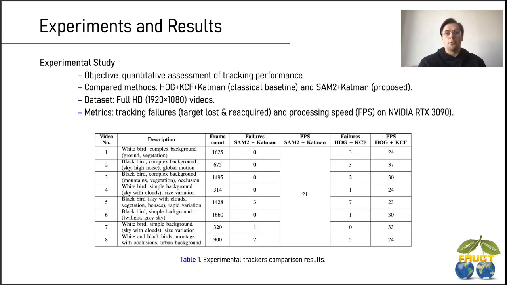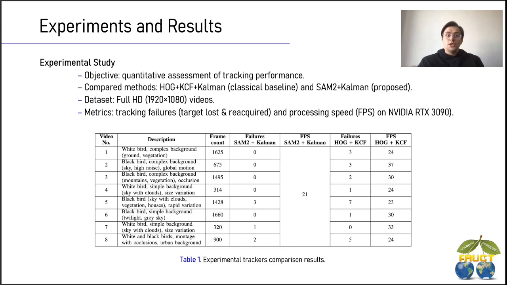To evaluate our method, we performed an experimental study. The goal was to measure how reliably the system tracks birds and how fast it processes video. We compared two methods: a classical baseline, HOG plus KCF plus Kalman, and our proposed approach, SAM2 plus Kalman filter plus SSD-ATSAR.